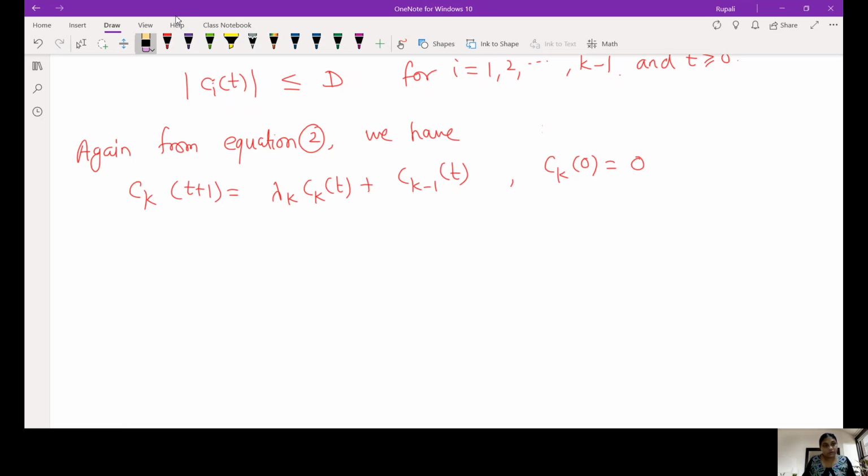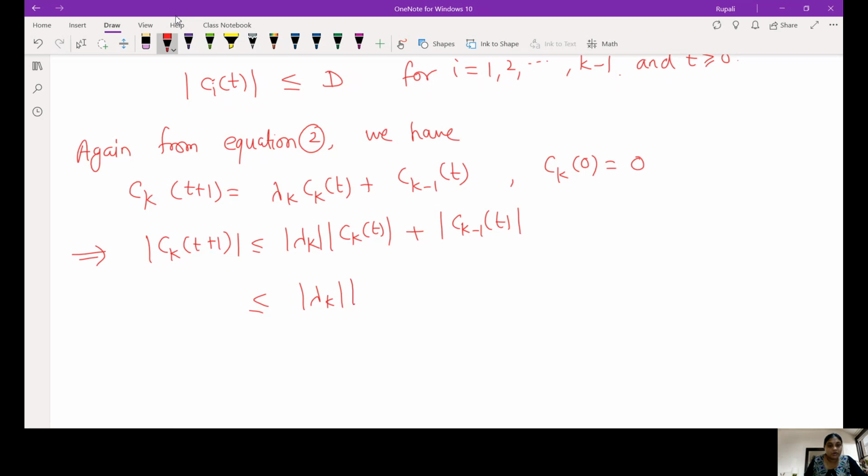Now if I take the modulus, |Ck(t+1)| is less than or equal to |lambda k| |Ck(t)| + |Ck minus 1 of t|. But Ck minus 1 of t is less than or equal to d, so I can write this as |lambda k| |Ck(t)| + d, using 4.